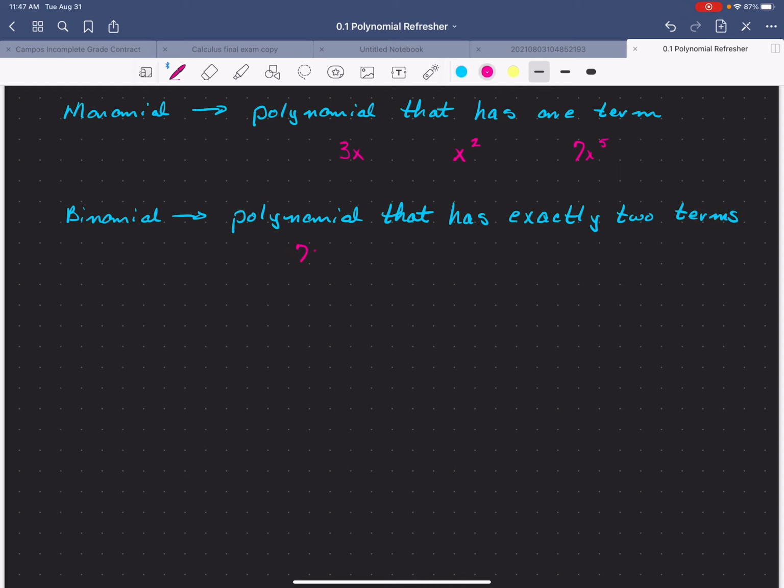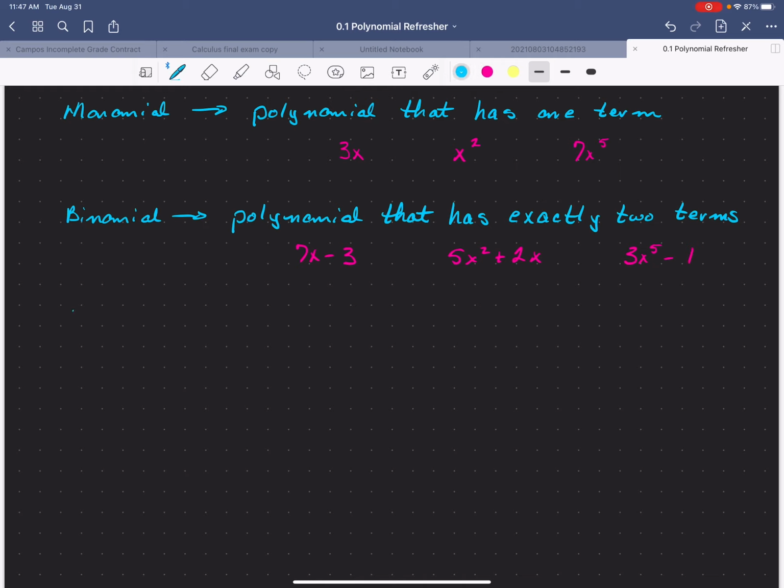So 7x minus 3 is a binomial. 5x squared plus 2x is a binomial. 3x to the 5th minus 1 is a binomial.